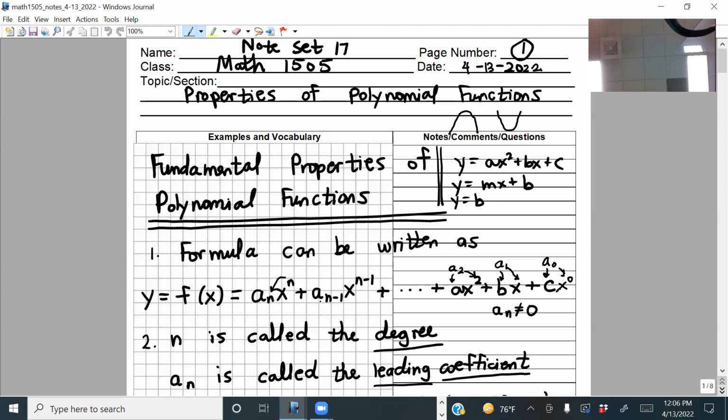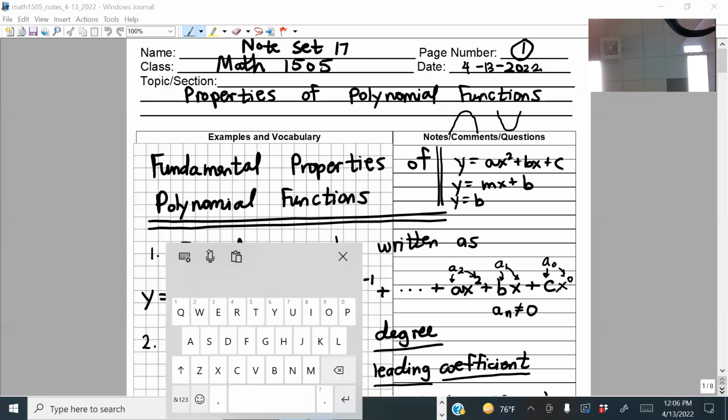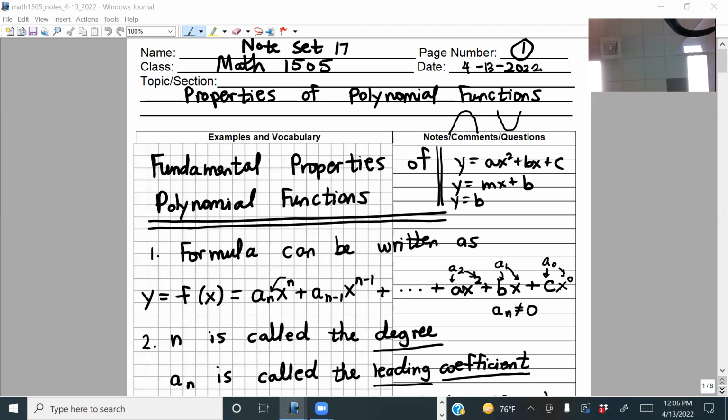If you keep adding in higher and higher powers of x, you get, of course, different formulas, but you also get what is called a polynomial function. So any function whose formula is formed just from powers of x, that is called a polynomial function.